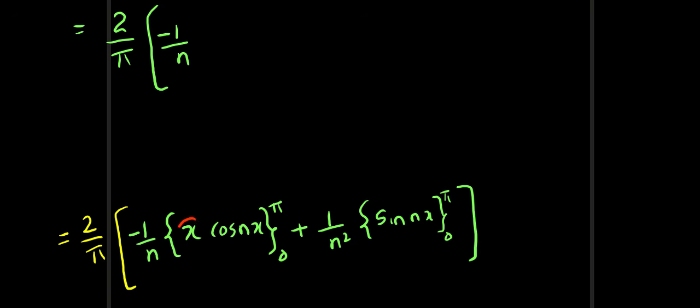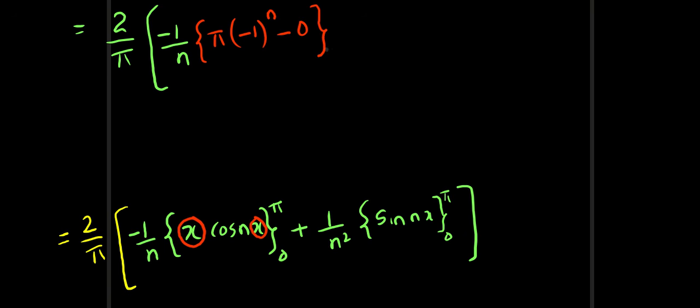You're supposed to put the value pi instead of x. So when you put the upper limit, you will get pi and cos n pi. By the way, what is cos n pi? Minus 1 the whole power n. Minus, when you substitute the lower limit, you will get 0 into some finite value, and that will be 0.